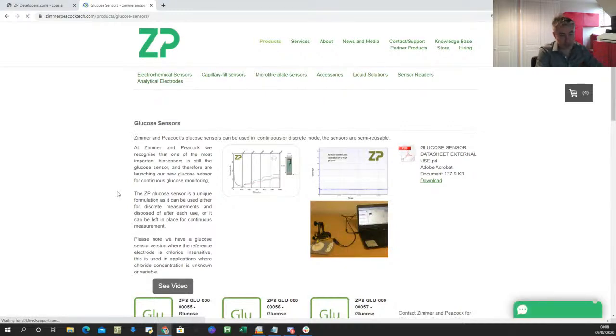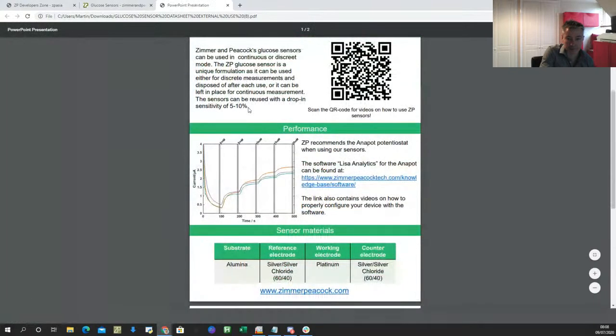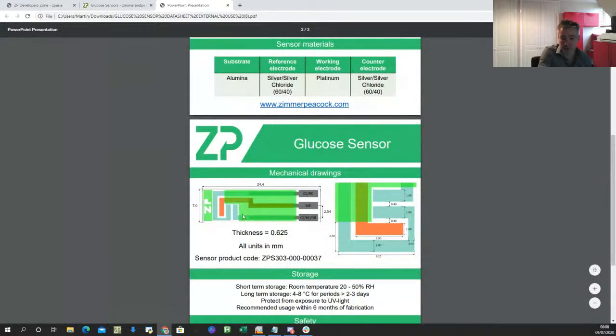The secret is they're not that difficult. Now, when you look at that data sheet, it has a working electrode and a reference electrode. So you scroll down, there's a little picture of it here, and there's a working electrode, and here is this RE, the reference electrode.